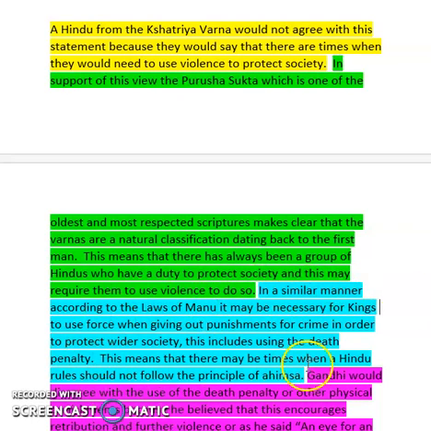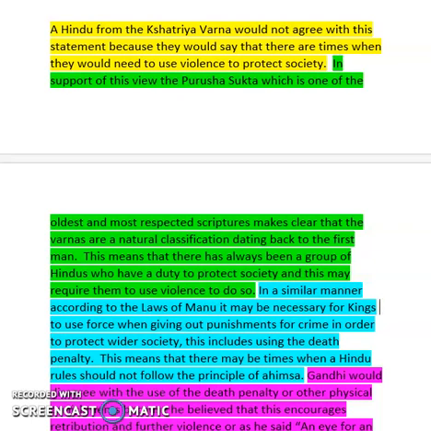Then my second bit of evidence, my next source of wisdom, is going to come from the laws of Manu. And in the laws of Manu, it basically says that kings have the right, sometimes informed by Brahmins, but kings have the final say when it comes to giving out punishments. And they have to give out a punishment that keeps society safe.